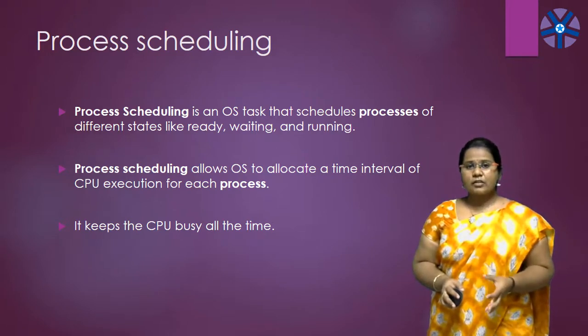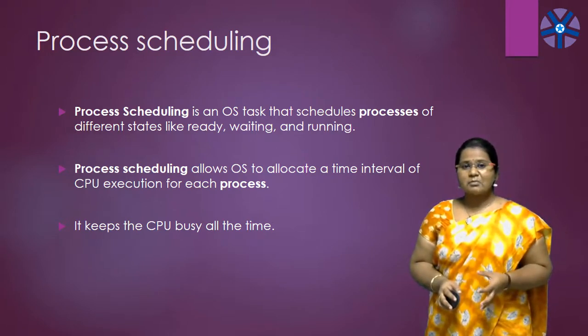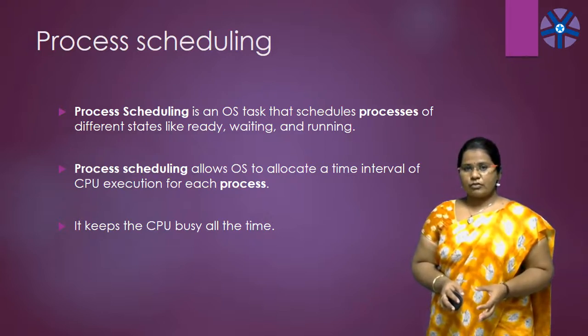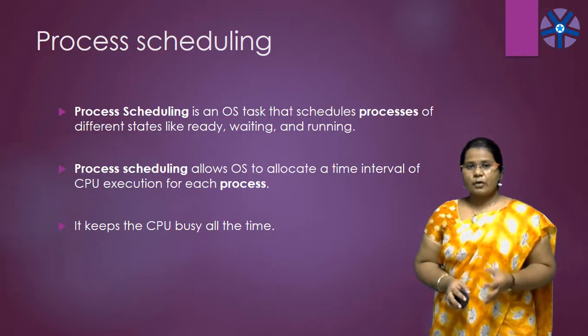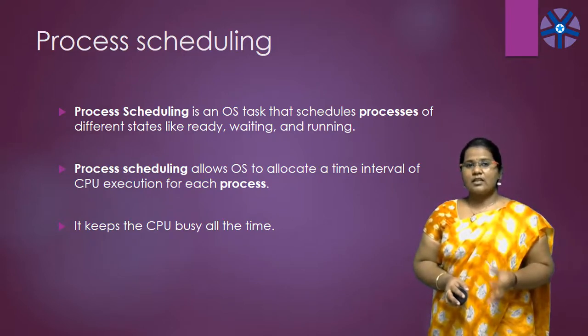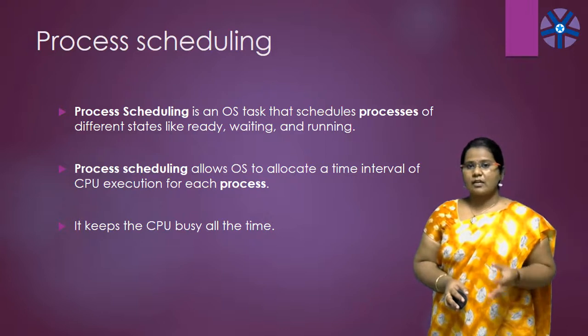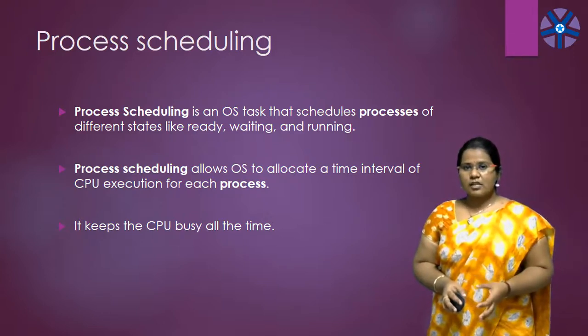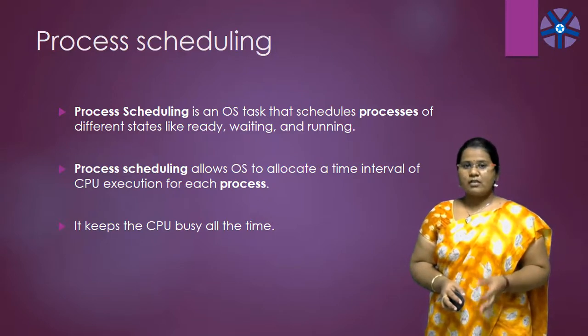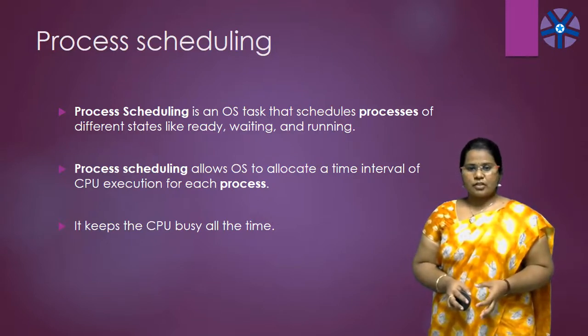So process scheduling is one of the operating system tasks that schedules a process in the CPU for execution. Whatever state a process may be in, whether running, ready, or waiting, such processes are scheduled to the CPU for execution using process scheduling.